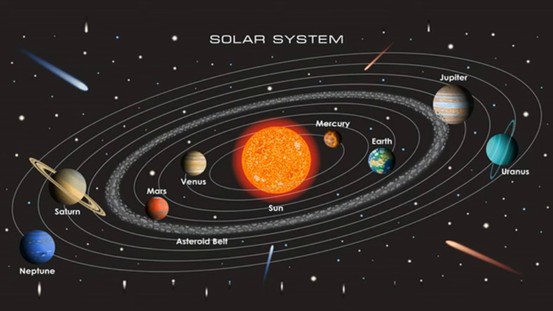The time taken by a planet to complete one rotation is called its period of rotation. The period of rotation of the Earth is 23 hours and 56 minutes, and so the length of a day on Earth is taken as 24 hours.